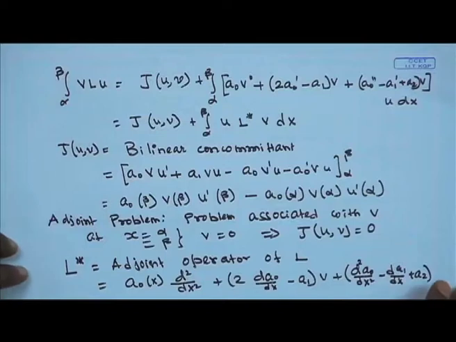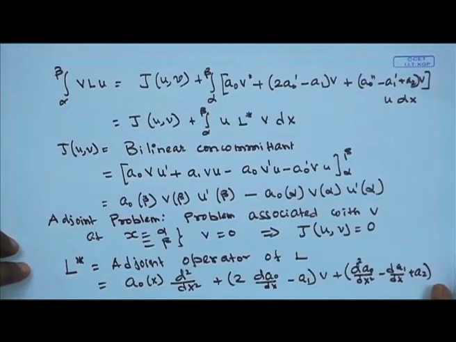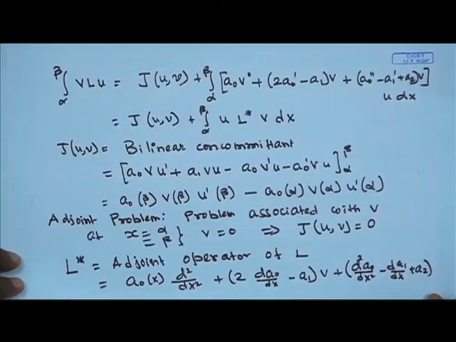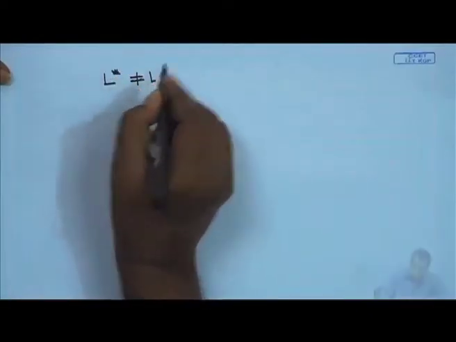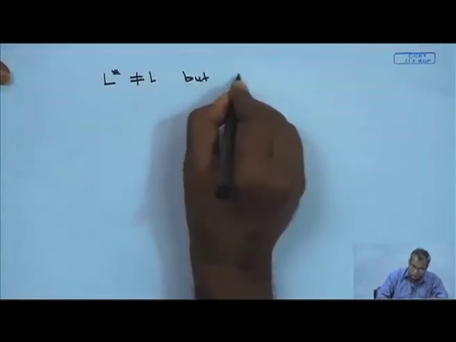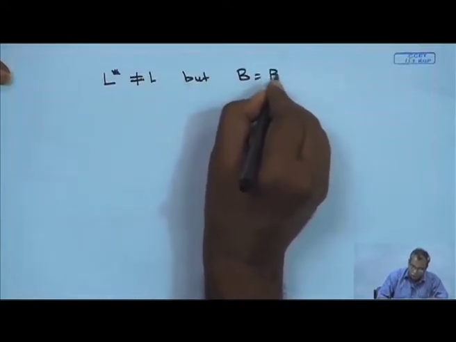So, this is the adjoint operator, and we can clearly see that L star is not equal to L in this particular case. So, L star is not equal to L, but B is equal to B star.